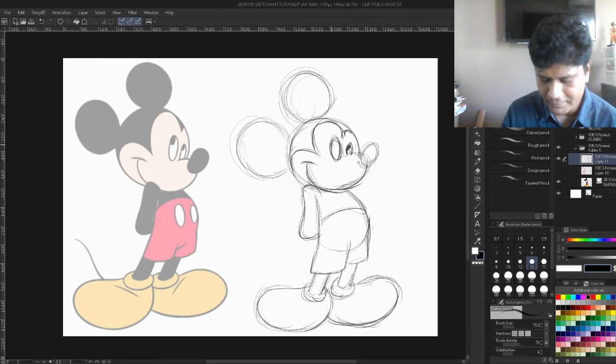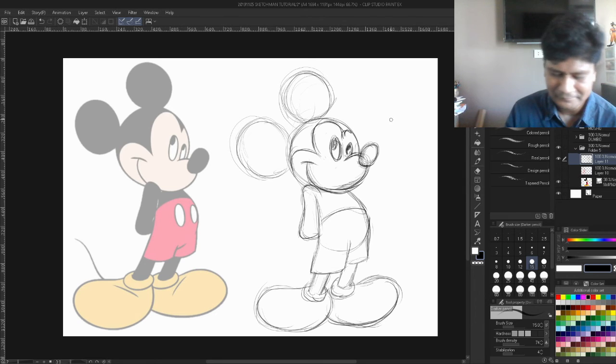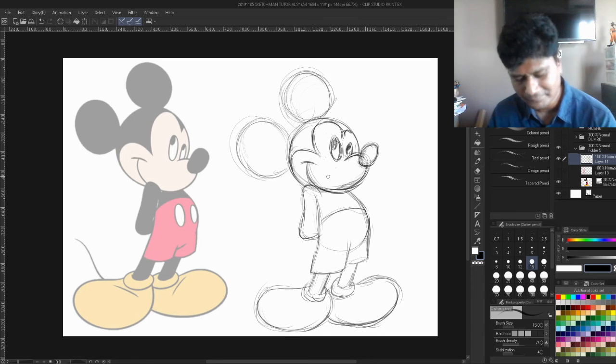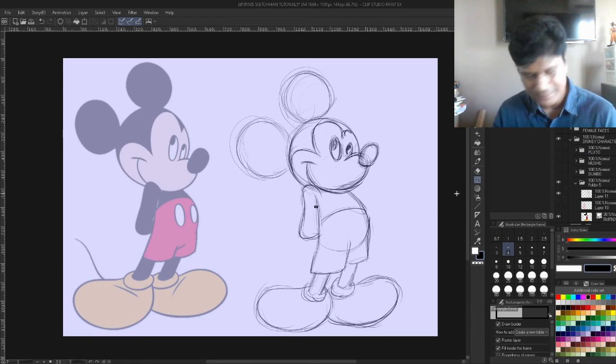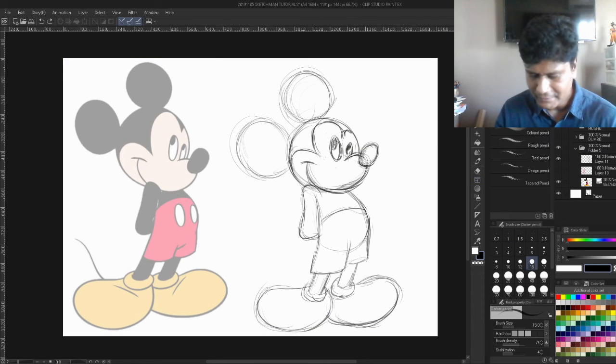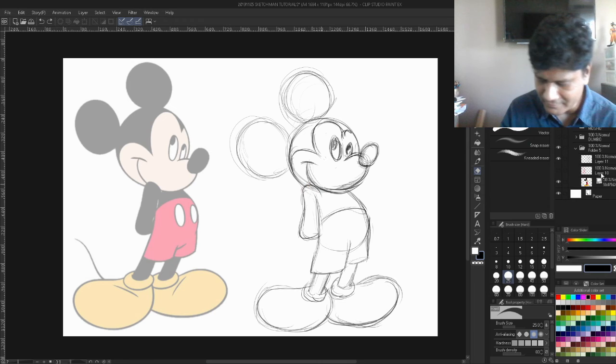I might be doing the same mistakes that I was saying some artists make. So I was like, what is, oops, sorry. I was like, what is this? Something is wrong, right?